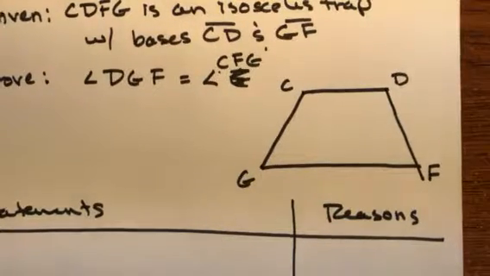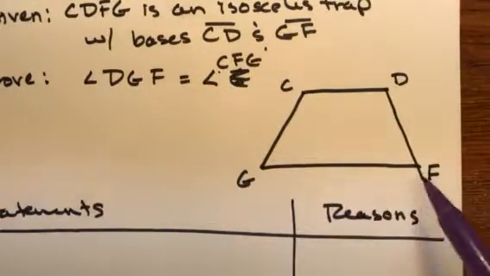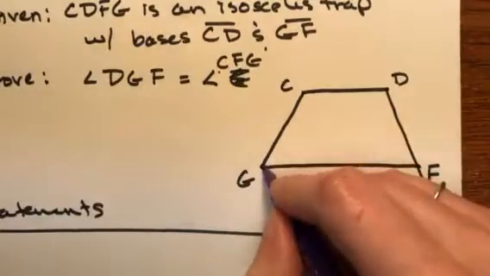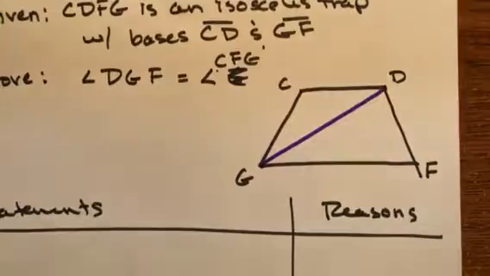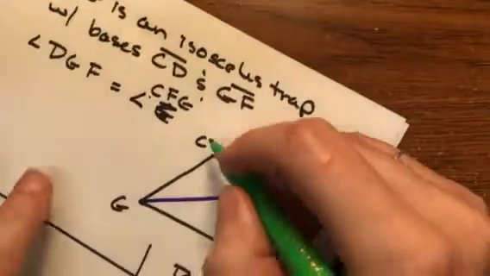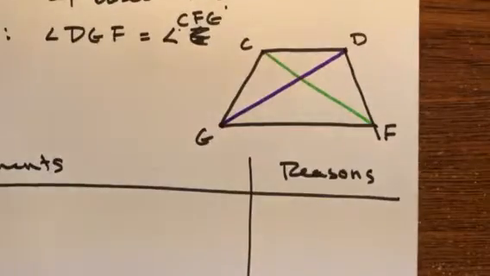All right, so let's see where these angles are. DGF, oh, we need some diagonals, don't we? Okay, now we have some diagonals.